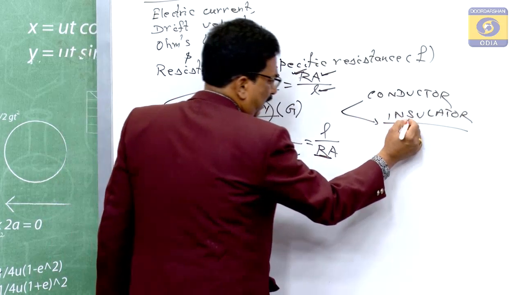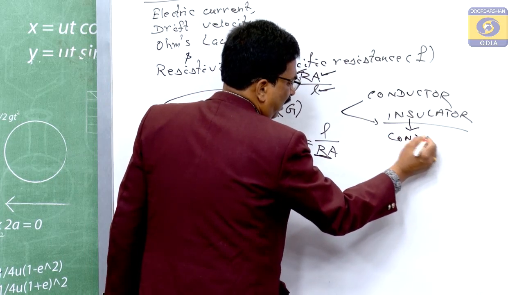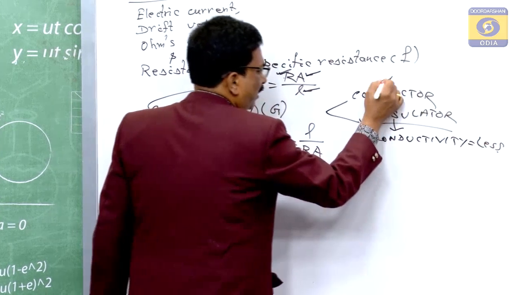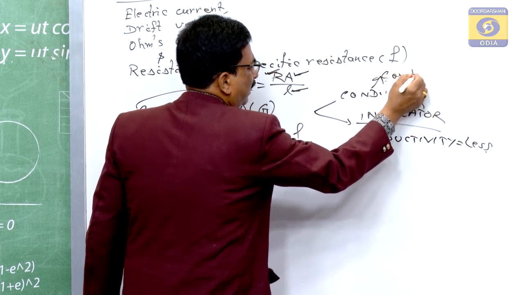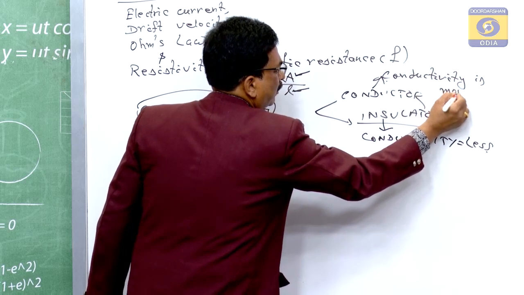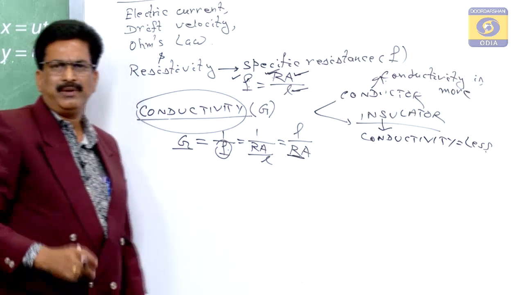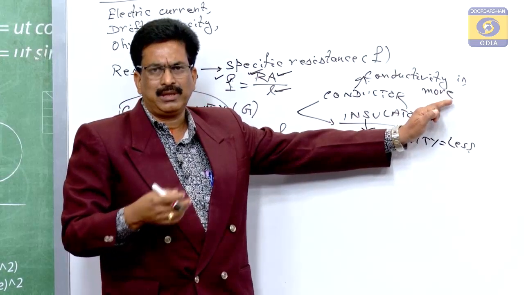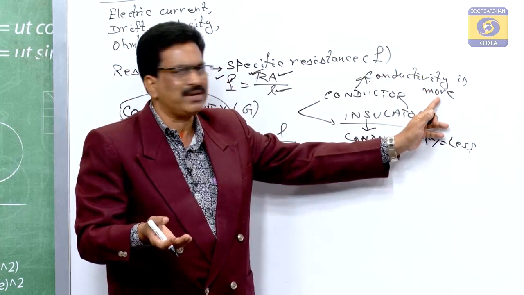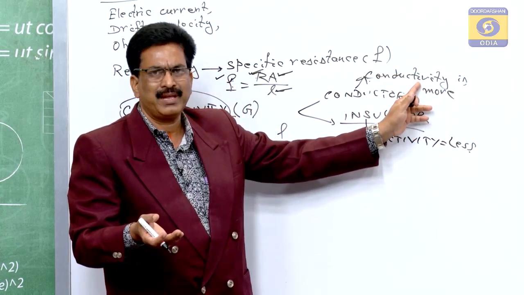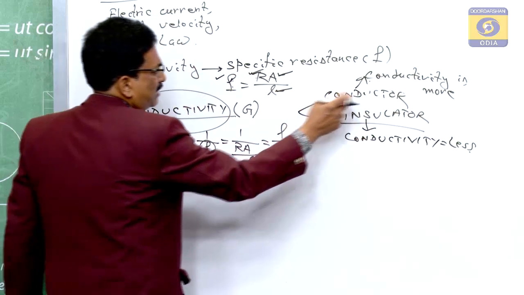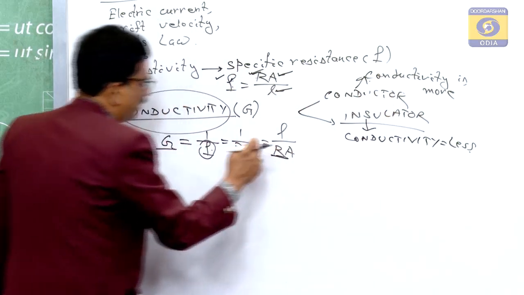Therefore, in case of the insulator, the conductivity is less, and for the conductor, the conductivity is more, meaning it is greater. If the conductivity is greater, then what will happen? It can conduct very easily. Therefore, more conductivity means it is a conductor, and less conductivity means it is an insulator.